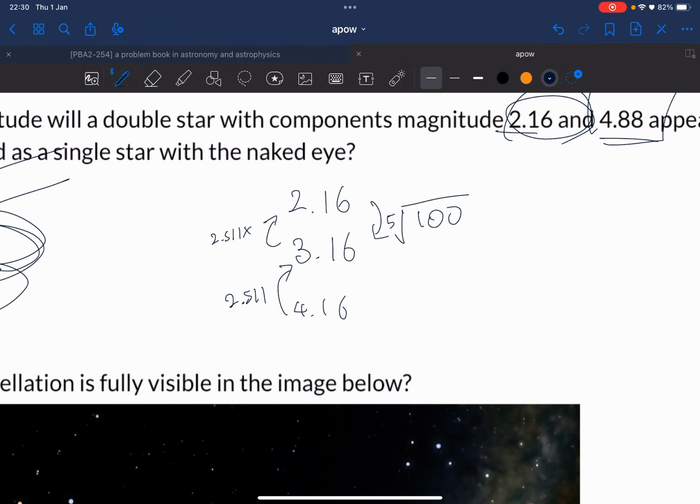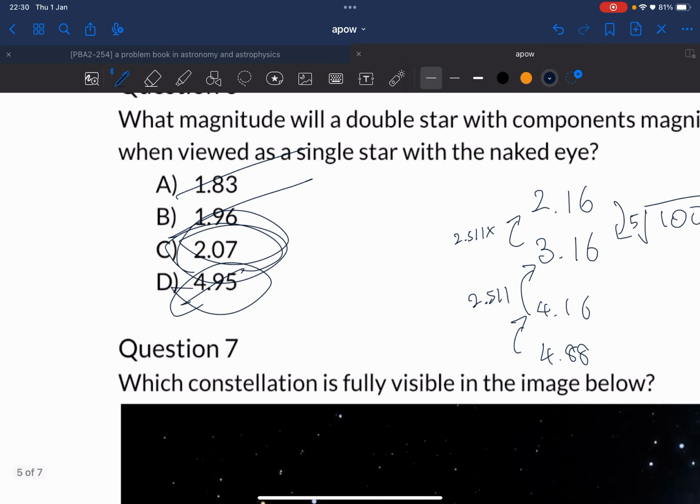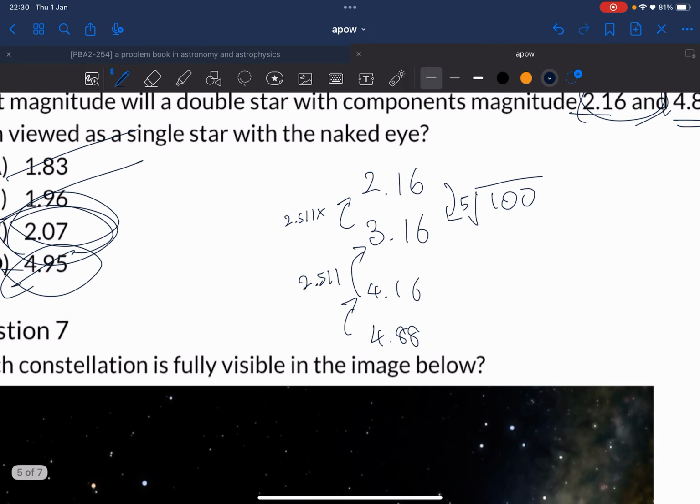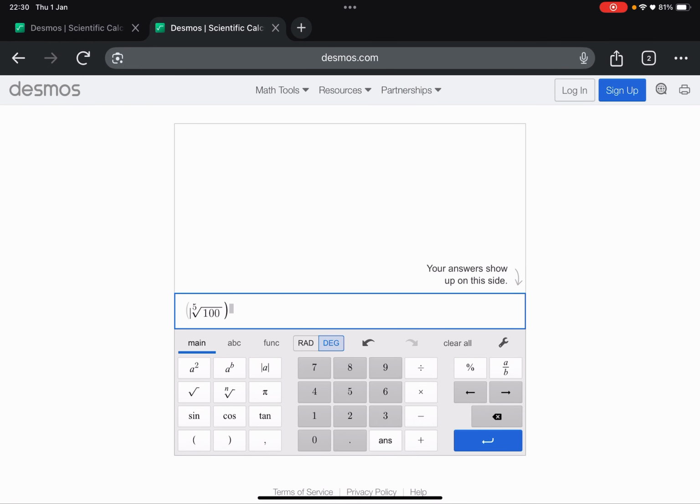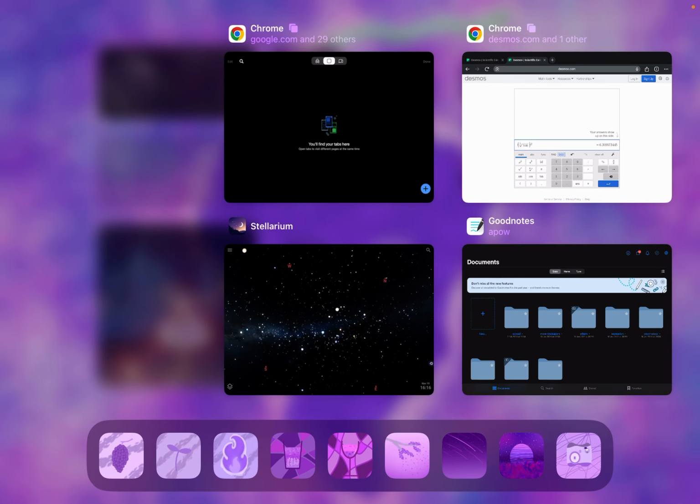So let's just take it as, let's just estimate, okay? Because for this question I'm not paid enough to do an actual calculation, but I also sort of want to give a more or less quantitative explanation on why it is not A or B but instead C. So right now we have 2.511 squared, close to 5 maybe, should be close to 5, my brain's not braining, oh no it's 6, I'm stupid.